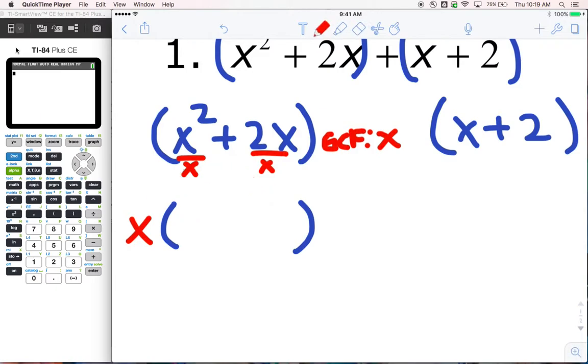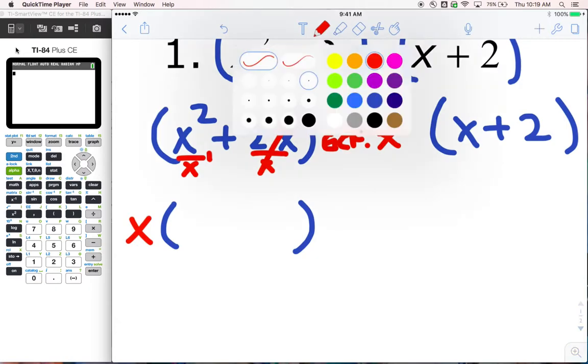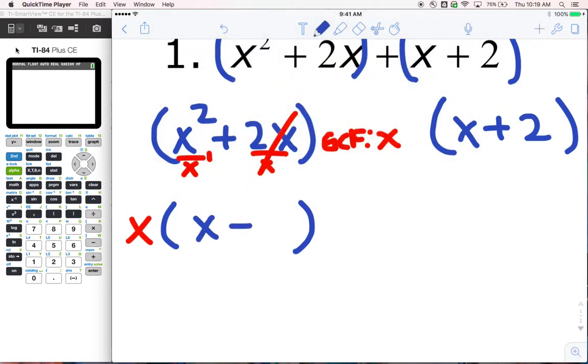We talked about that yesterday. So x squared divided by x: remember our exponents get subtracted and we're left with just x, or x to the first power. Now 2x divided by x, the x's cancel out entirely and we're just left with a positive 2. All right, and I meant to do those in blue. Here we go, we got x plus 2.